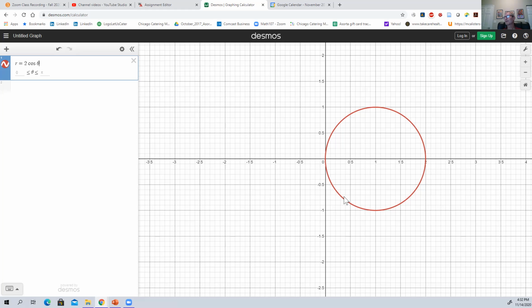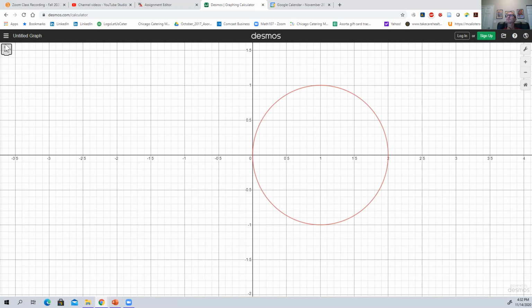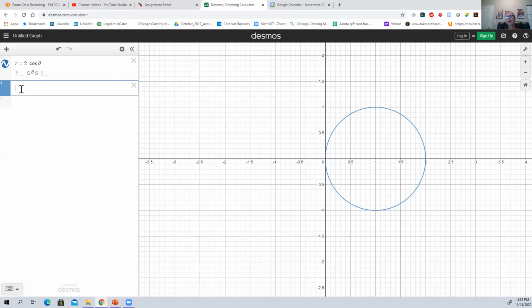And so you see that sometimes when you do the polar coordinate system, you're going to get a graph right on top of one another. And so, for example, let me show you a couple more graphs.